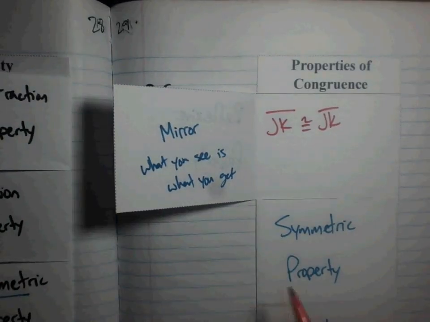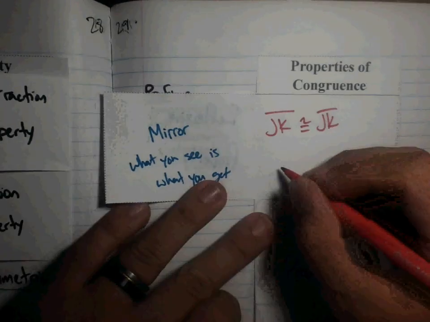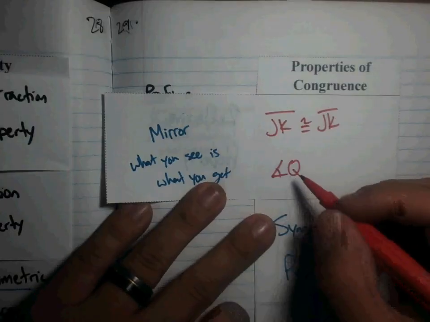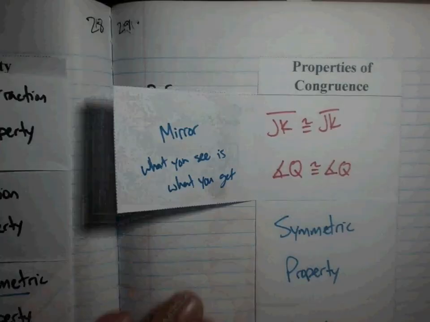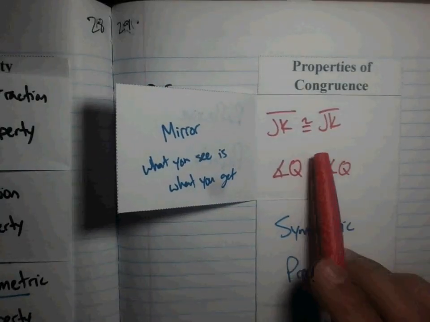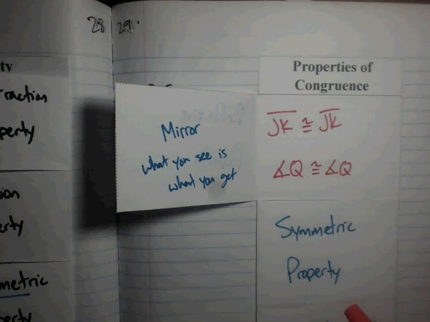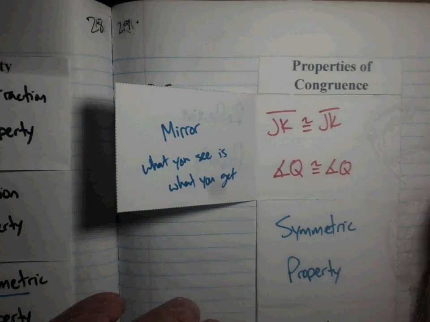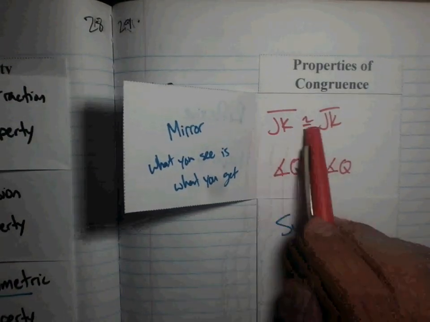If you have angle Q, angle Q is always going to be congruent to angle Q. It's something to know. You'll see it a lot more when we overlap things. It's useful, but it's not the craziest one. As you can see, JK is congruent to JK. It's equal to itself. It's the same thing as itself.